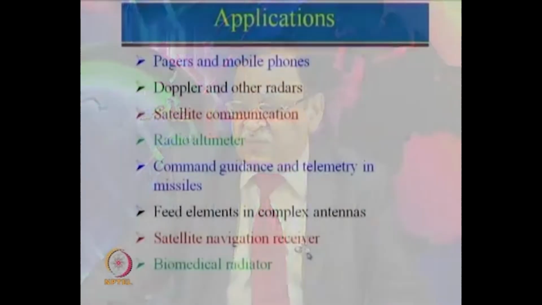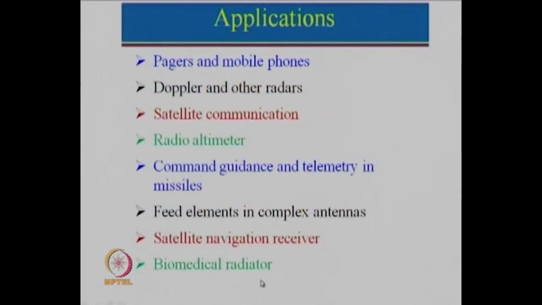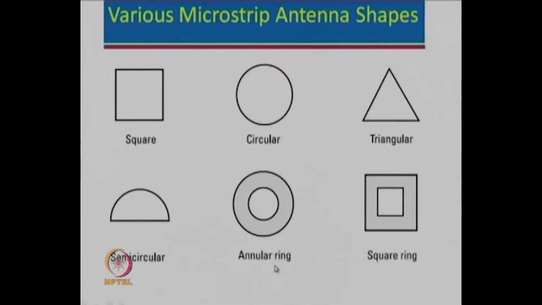Of course, it is being used for satellite, and it is also being used for biomedical radiators. So, let us see what the different shapes of microstrip antenna are. I just mentioned rectangular, but many different shapes have been used. Square microstrip antenna, circular, triangular. Even in triangular there are a lot of variations: equilateral triangular antenna, isosceles triangular antenna, 30, 60, 90 triangular antenna, and so on.